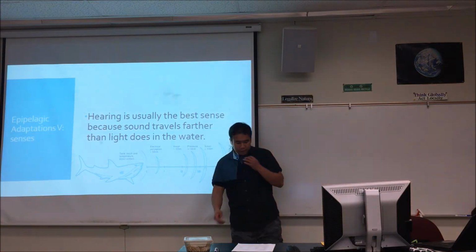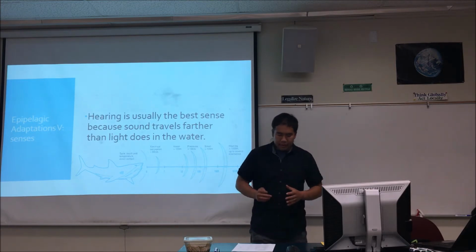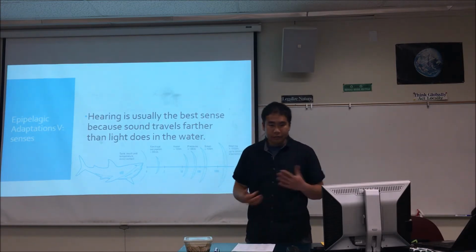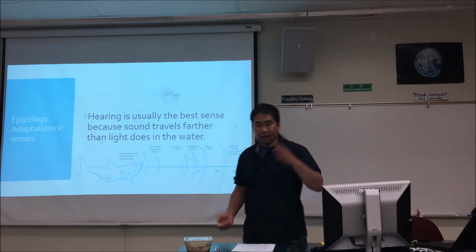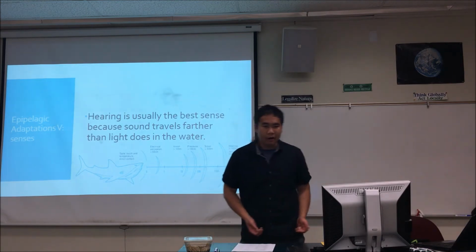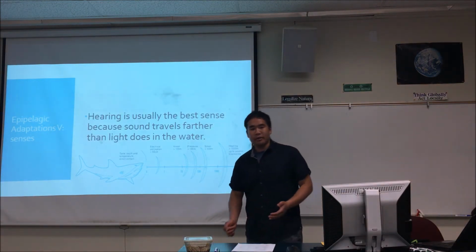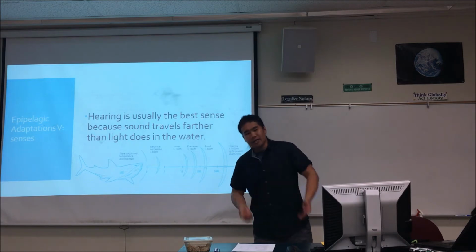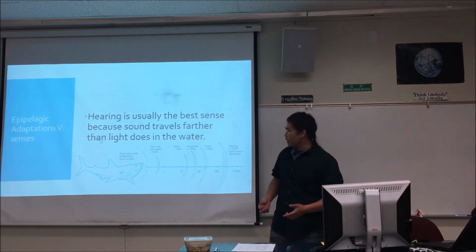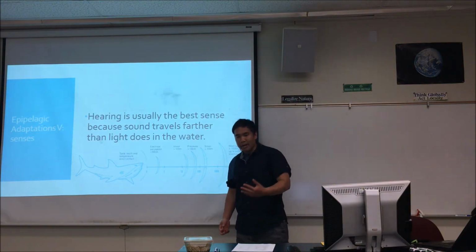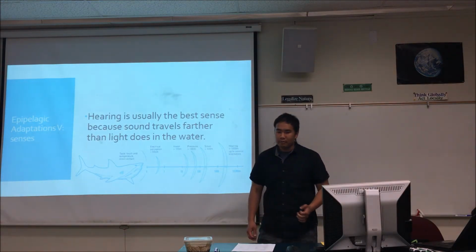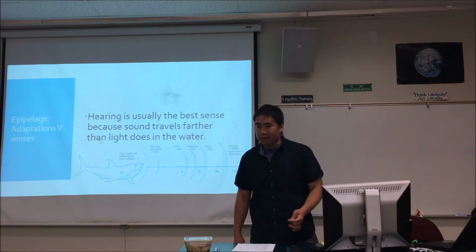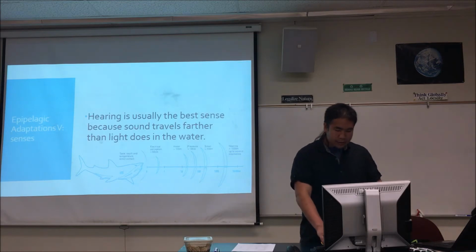Since eyesight is limited by water's visibility and the fact that light cannot travel through water that far, some animals have evolved a way to see further by using sound waves instead of light waves. Seeing with your ears, how would you do that?